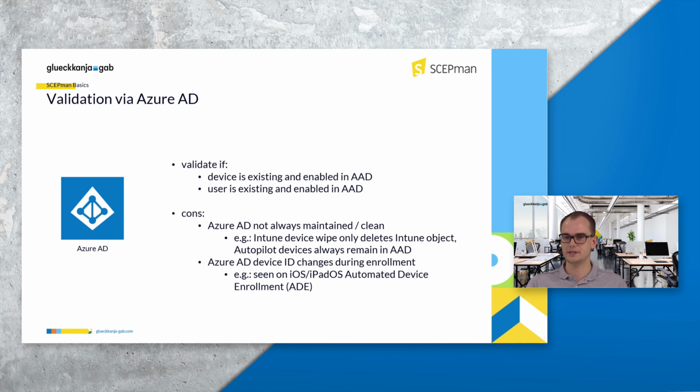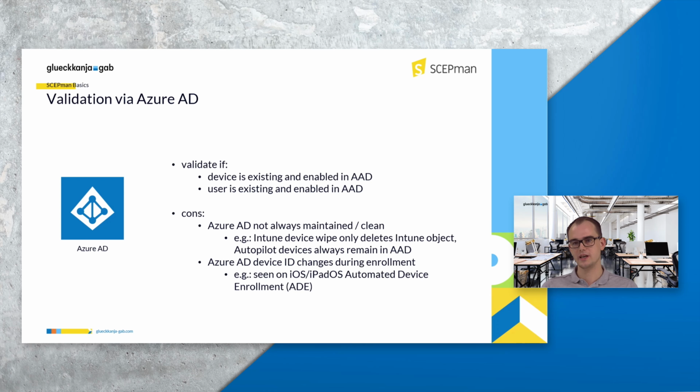So when you wipe a device, for example, this will delete the Intune object, but the device will remain in the Azure AD. And as described before, SCEPman currently only checks the Azure AD if the device exists there, and for sure it does, because no one deleted it from there. So the Azure AD, let me say it like this, is not always the perfect point to check if a device is still existing or not.